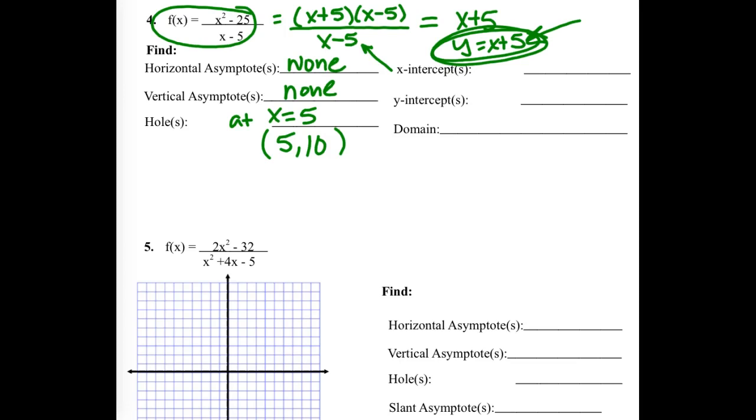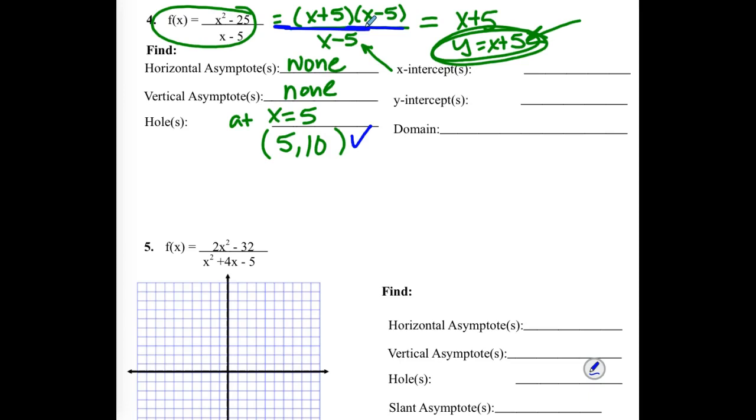All right, so x-intercepts. We look at the numerator, yes? What makes the numerator 0? Now, I saw some people give me 2 answers. They're looking at this part of the numerator where we have it factored into x plus 5, x minus 5. So I looked at some papers and I saw a -5 and a +5. However, we said that at +5 we had a hole.